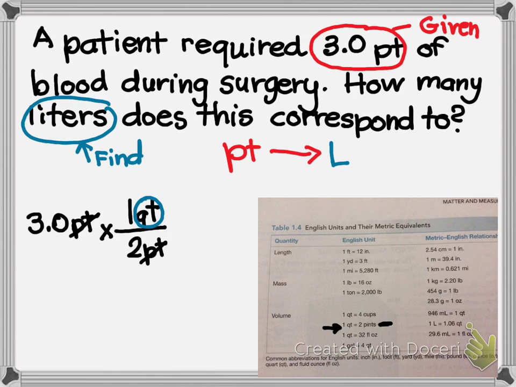If I look over here, here's quarts and here's quarts. And so I think, will either of those get me to where I want to be? The top one goes to milliliters, so that's not going to help me. But look at this one. It has quarts and liters, so those are equal there.